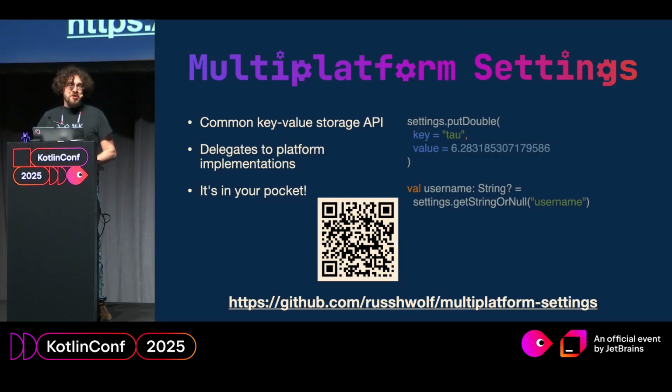So, what is multi-platform settings? It's essentially a common key value storage API so that in your multi-platform code, you can persist simple data, from your common code rather than your platform code.